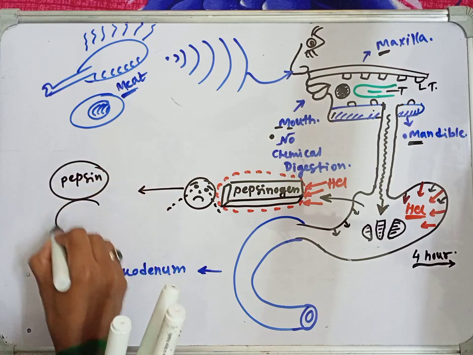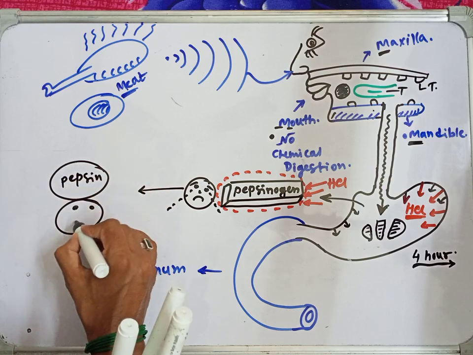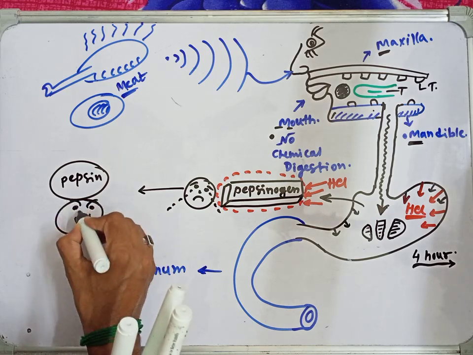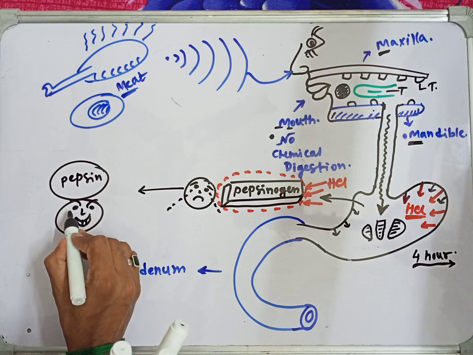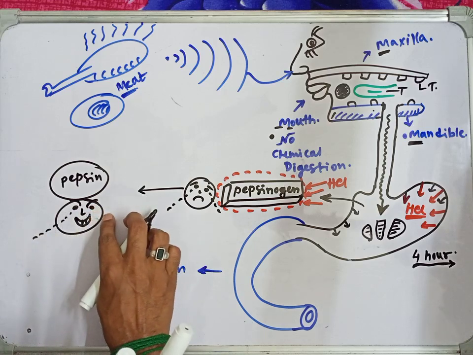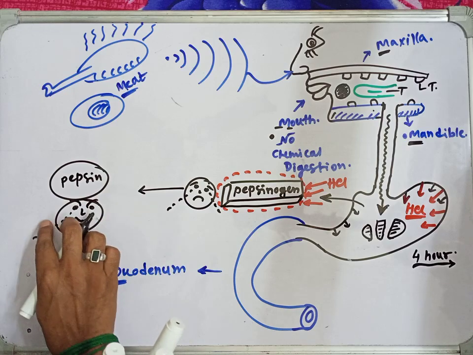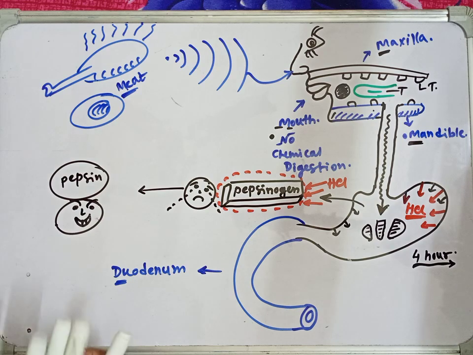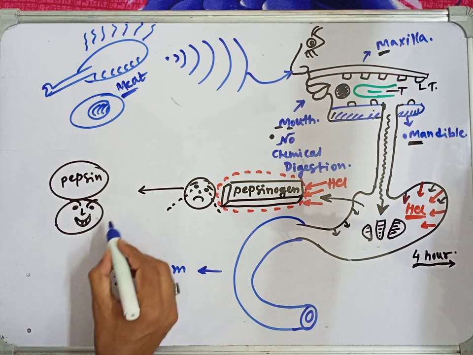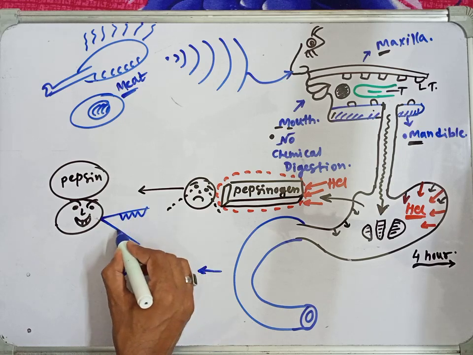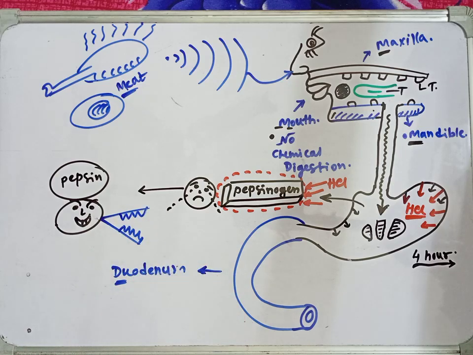And this pepsin is now very happy. Why is it very happy? Because now pepsin can work on the digestion of protein, and it is a very good digestive enzyme for protein, right?